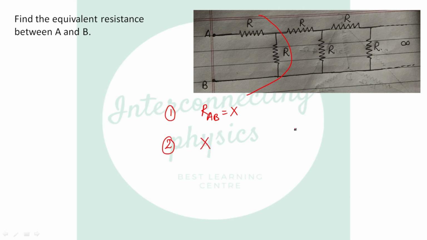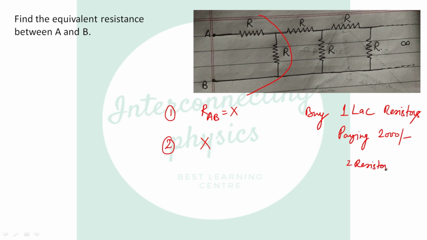Why X? Let us say you are going to buy 1 lakh of resistors, and you are paying 2000 rupees. Now, if you ask the shopkeeper to add 2 more resistors, only 2 resistors, then will he ask for money?